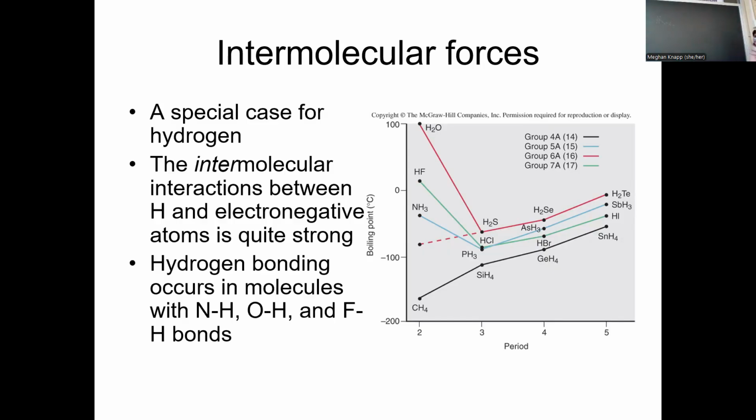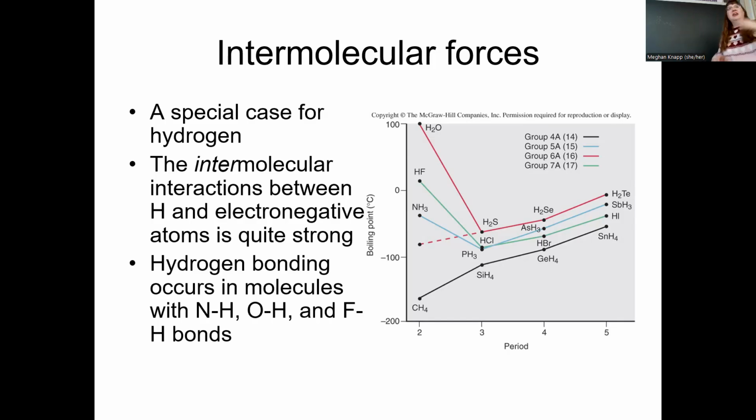Okay, so because that interaction is quite strong, the hydrogen bonding occurs with molecules that have NH, OH, and FH bonds. Now, the hydrogen has to be attached to this electronegative atom because it's pulling electrons away from the hydrogen. Hydrogen only had one to begin with, so what's left over hanging out on the other side? Just that exposed proton, right? Just the nucleus. And so that hydrogen is very positive.